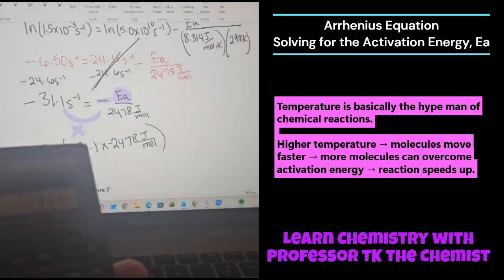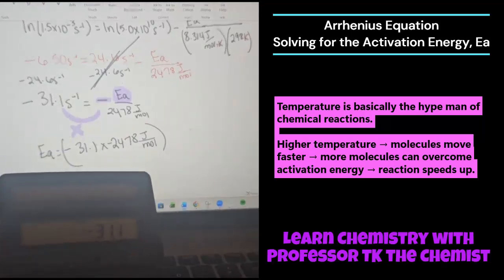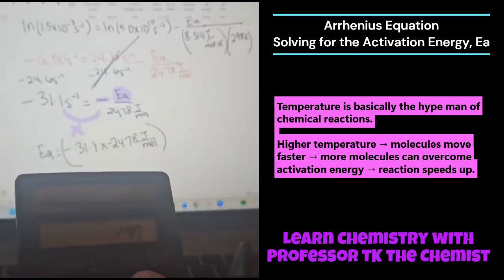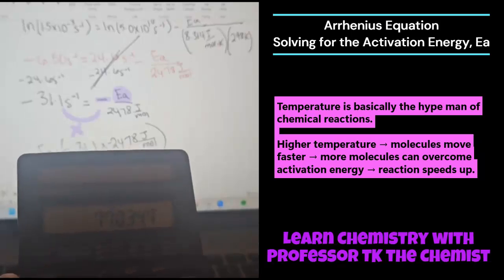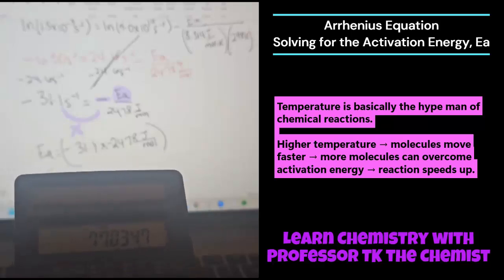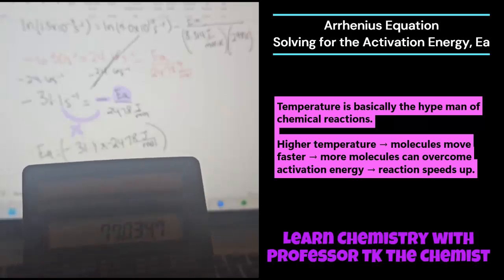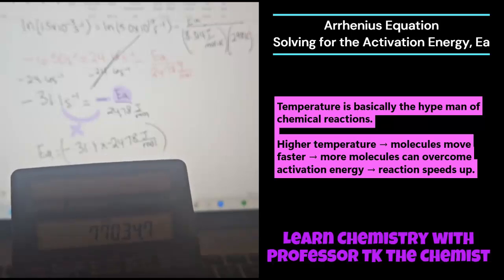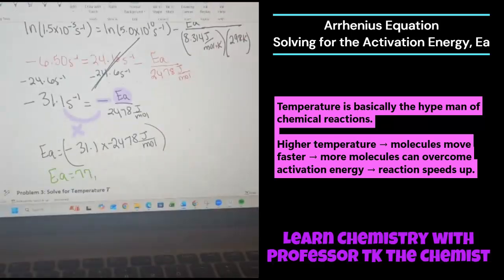So let's go ahead and plug this in right here. Negative 31.1 times negative 2477, and I get a big number. My activation energy is equal to 77,034 joules per mole. And just like that, we are done with that problem. Okay, we are done.